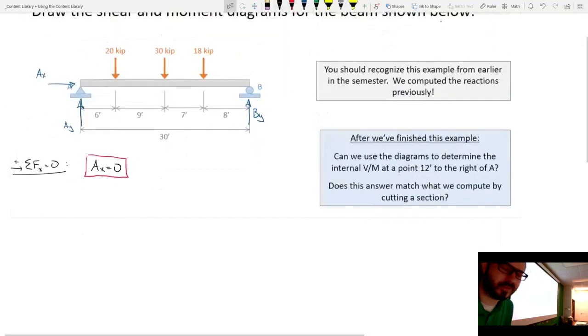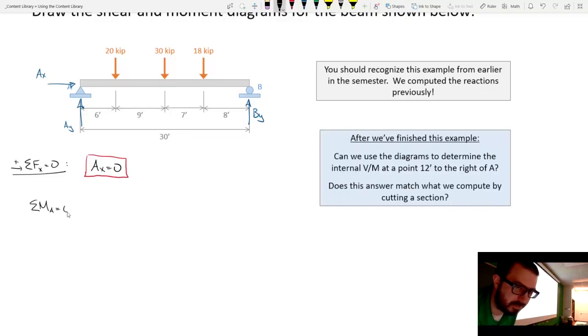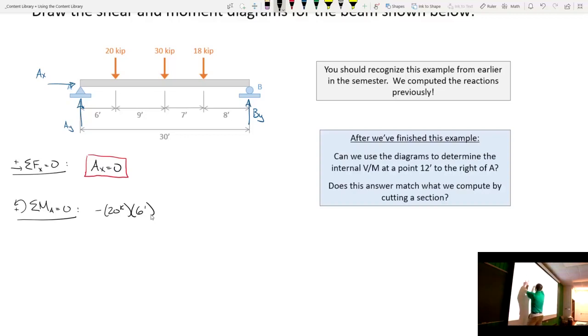Now for the vertical reactions, I'm going to sum moments at A. So what do we got? So we just go through, we ignore the reactions at A. So 20 times 6, 30 times what? What's the moment arm for this 30 kip load? 15. For the 18, 22, and then BY times 30.